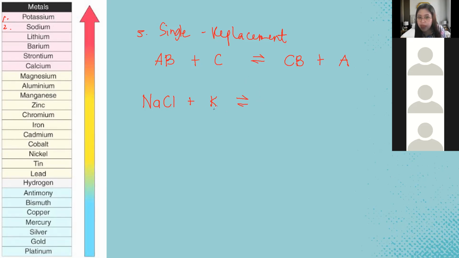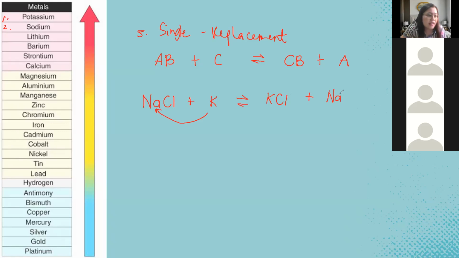Kapag ang element na ipapalit natin ay mas reactive, talagang magte-take place yung reaction. Okay? This one is a possible reaction, and it means that kaya ni potassium i-replace si sodium. So ang product nito ay KCl plus Na.